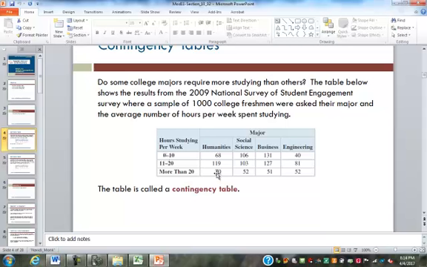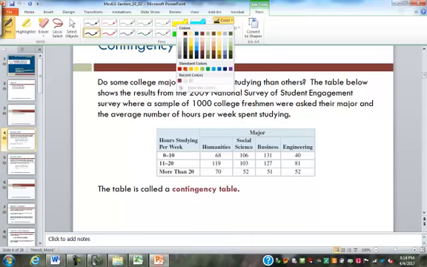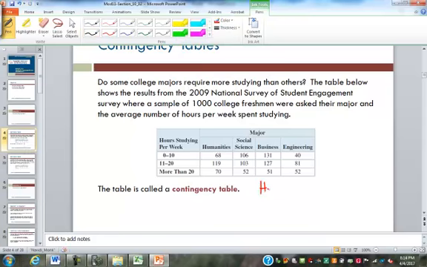And what we're trying to test here is, does the major that the student is in affect the number of hours a week that they study? Is there a relationship, or are they independent? And our null hypothesis is always going to be that they are independent. So H0 is going to be they're independent.